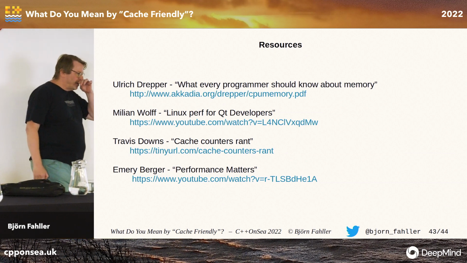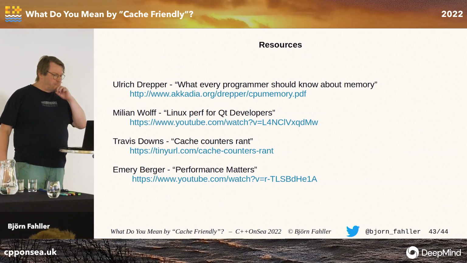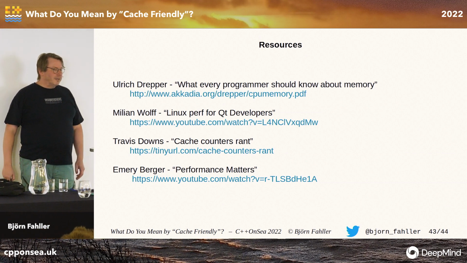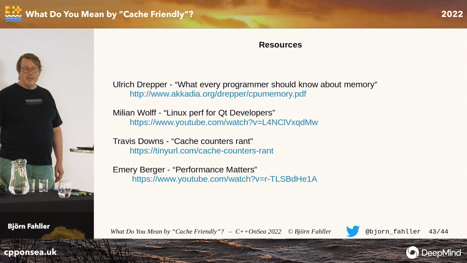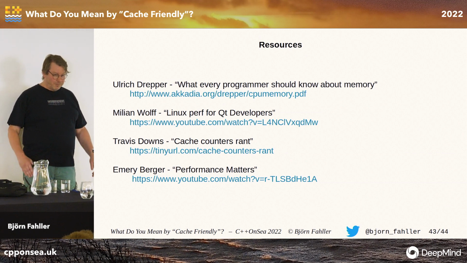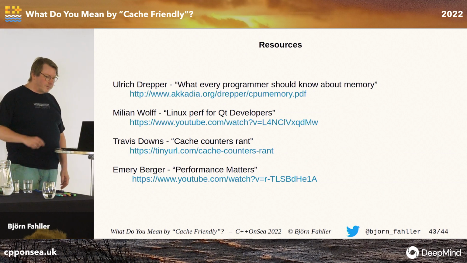Milian Wolff had a presentation, a few years old now, called Linux Perf for Qt Developers. It's an introduction to how perf works. It's well worth looking at. A disadvantage with Perf, apart from the absolutely horrendous user interface, is the number of counters you have.